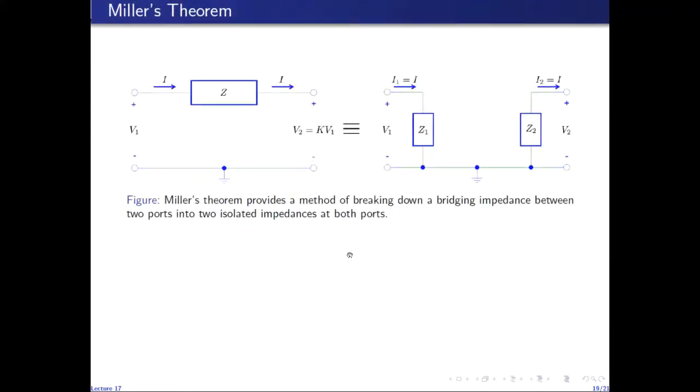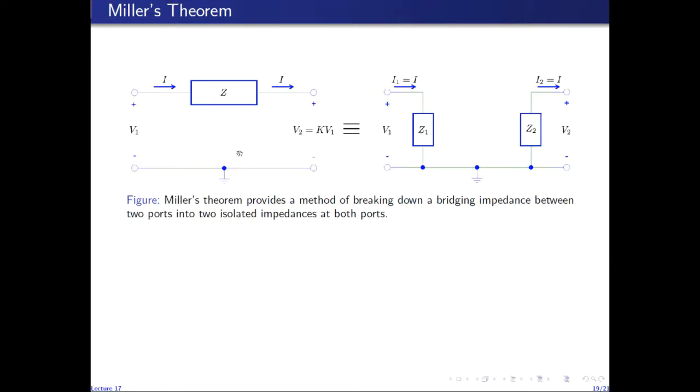A very useful tool for the analysis of amplifiers at high frequencies is provided by what is called Miller's theorem. Miller's theorem is a method of breaking down a bridging impedance between two ports into two isolated impedances at both ports.